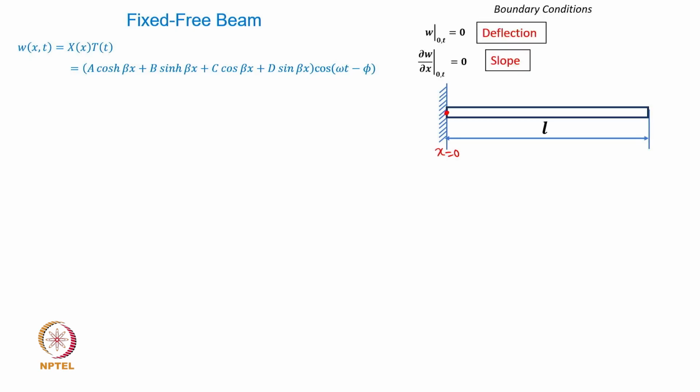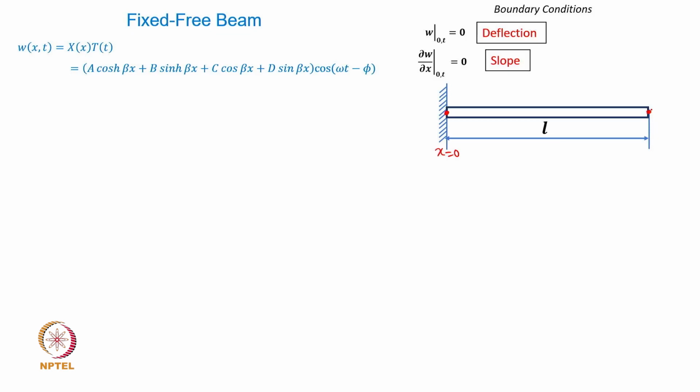So that's how we can write W at x equal to 0 is 0 at all times, and the slope, which is going to be dou W by dou x, is going to be 0 at x equal to 0 at all times. What about the free end here? No external loads or external force, and so the shear force and bending moment, both of them are going to be 0.